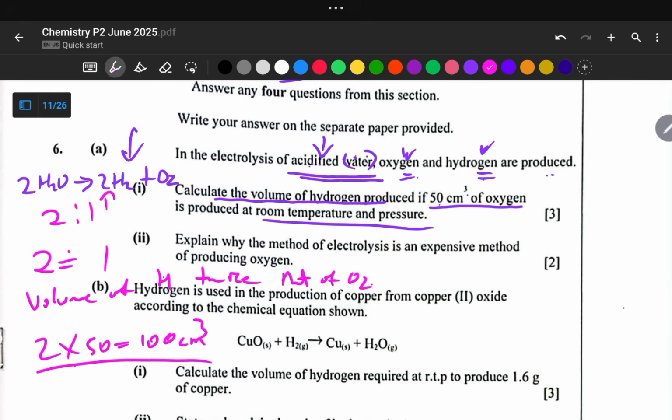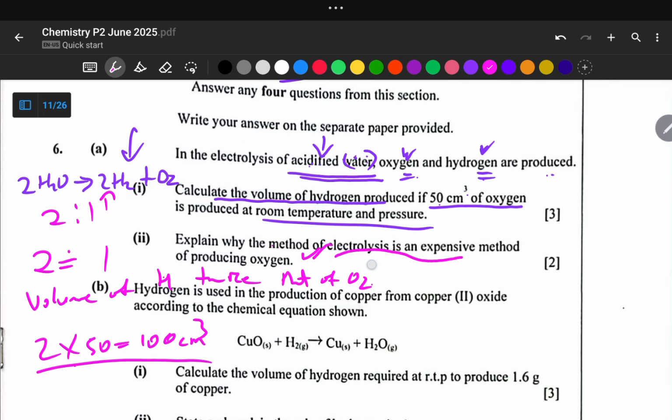As simple as that. Then we go on to the next part, which says explain why the method of electrolysis is an expensive method of producing oxygen. This method is not quite of industrial use. Why? Because it is very expensive.